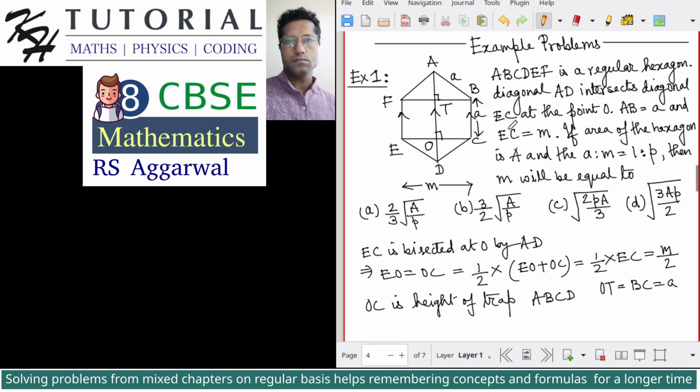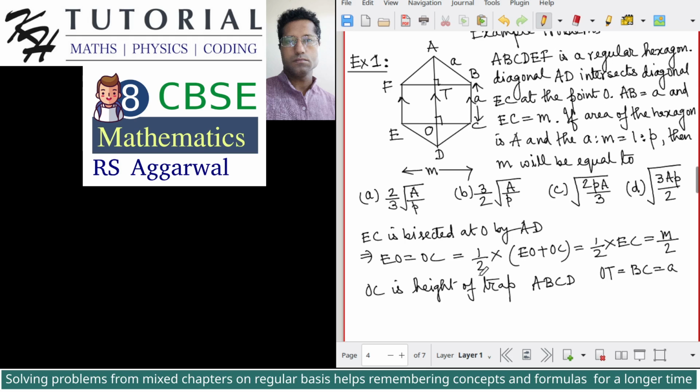So OT is equal to BC is equal to A. How do we find AD? We need the length of AT and OD. And AT will be equal to OD.